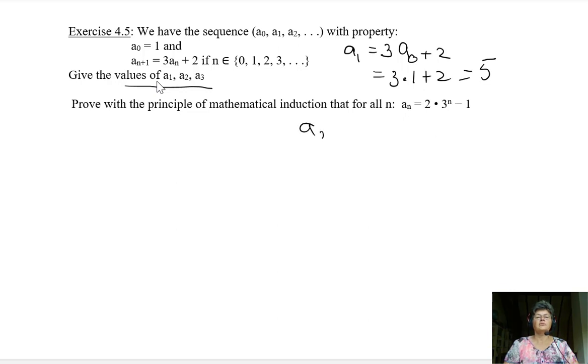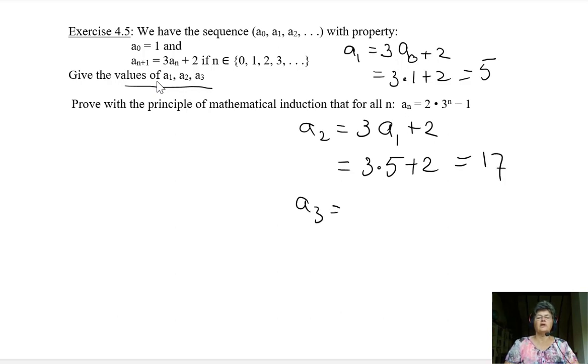Okay, A2 would be 3 times A1 plus 2, so that would be 3 times 5 plus 2, that would be 17. And A3 would be 3 times A2 plus 2, so that would be 3 times 17 plus 2, so that would give us 53.